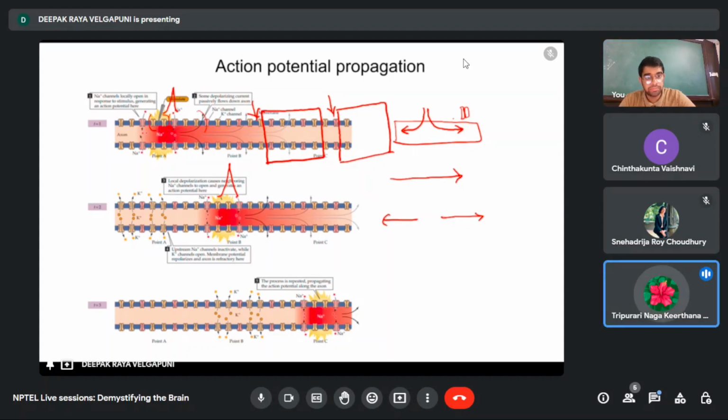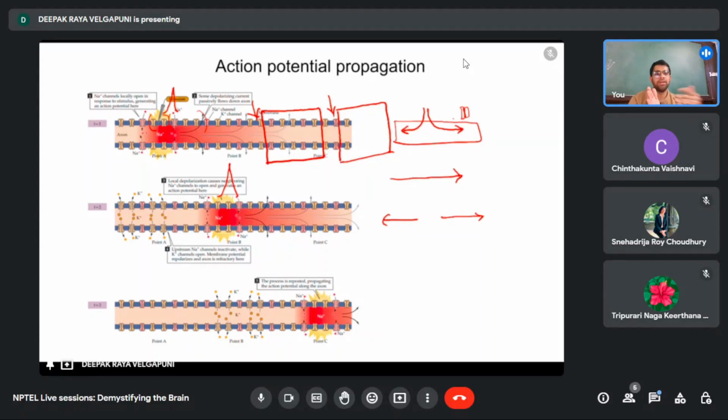Sir, can you tell the reason for the high velocity again? Since there is high velocity because there is a jump at nodes, because of that the current propagates, so there is no need for generating an action potential at every infinitesimal location.